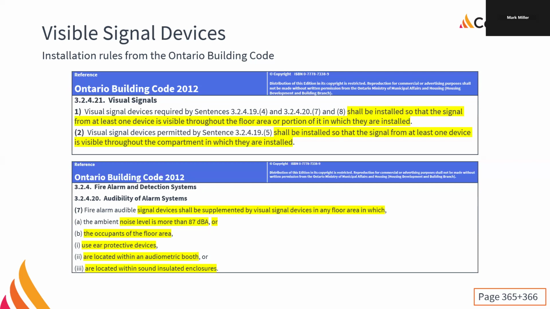So we put our strobes in when we're in high ambient noise over 87 decibels, or occupants of the floor area use hearing protective devices, are in audiometric booths or sound insulated enclosures, and then public corridors in A, B, C, D, and E occupancies, floor areas or parts of floor areas where the public may congregate in a group A occupancy, right?